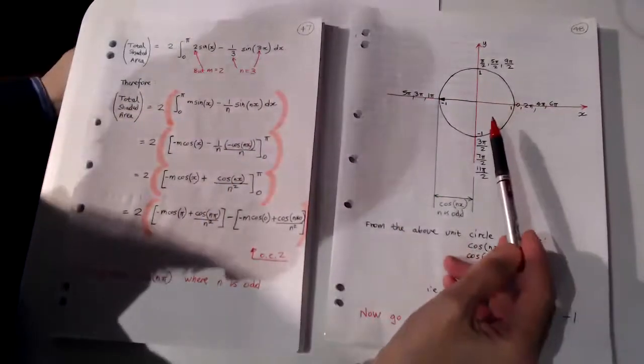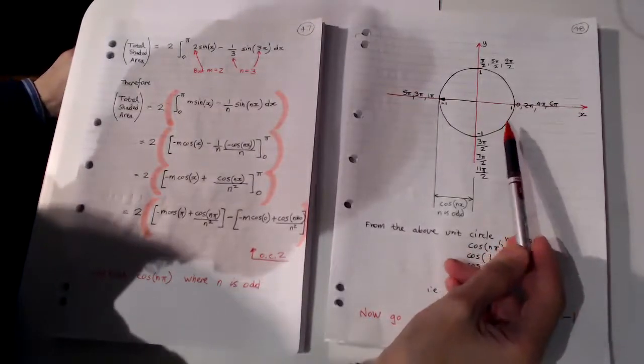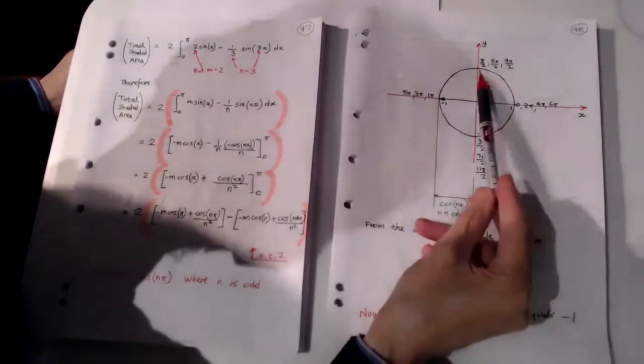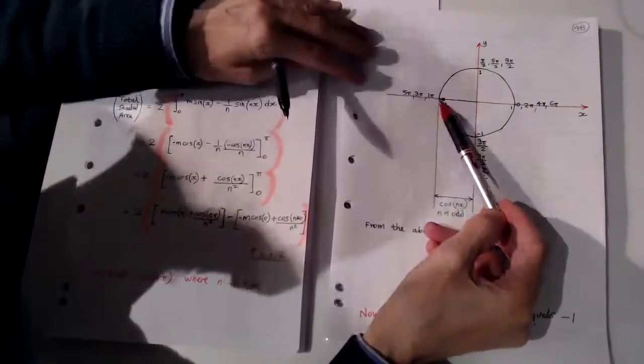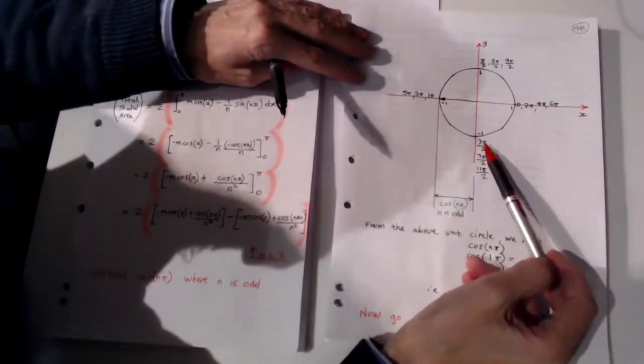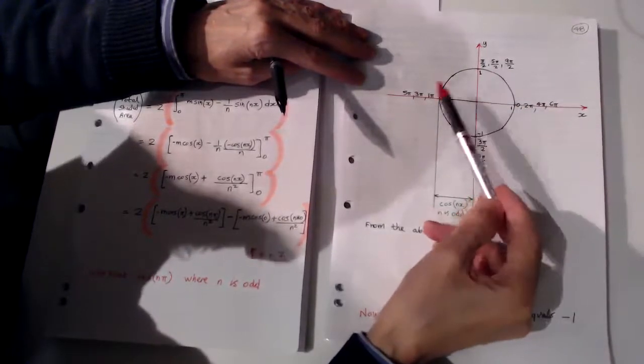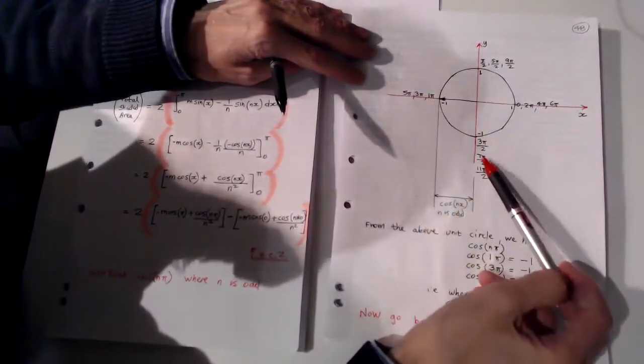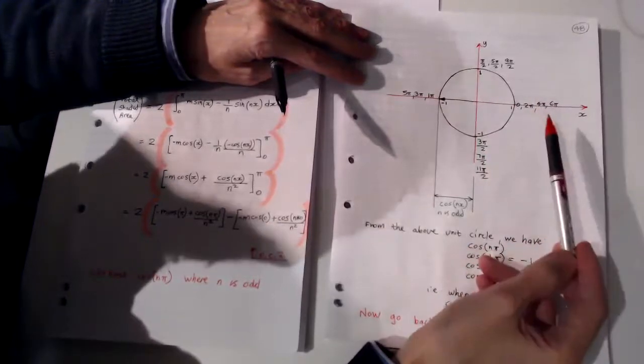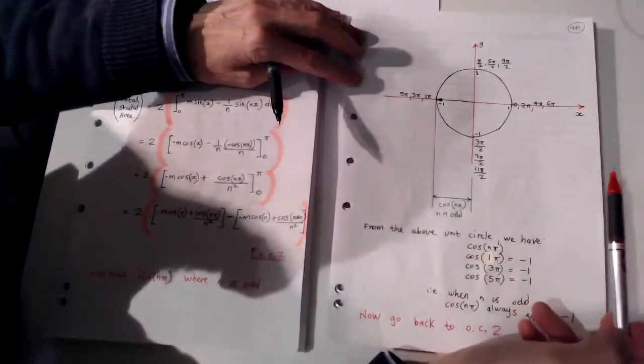We know from a unit circle that the angles are 0, pi on 2, 1 pi, 3 pi on 2, 2 pi, then 5 pi on 2, 3 pi, 7 pi on 2, 4 pi, and so forth.